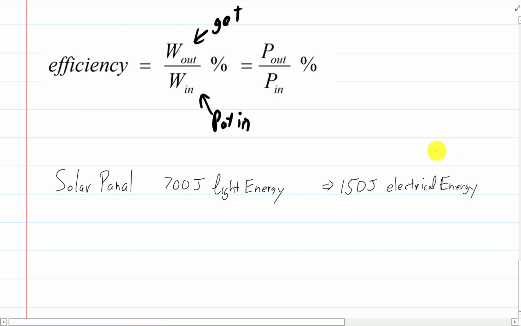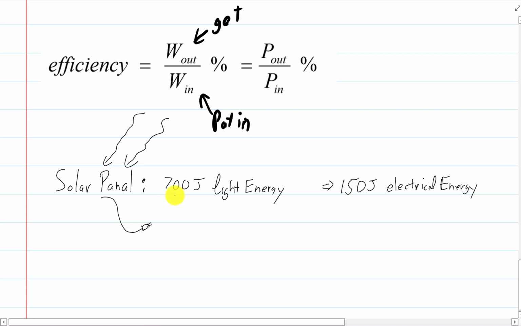So this is the purpose of a solar panel. It takes light coming in and hitting the solar panel, and then we take it in and are able to plug it in and have an outlet and get power from it. So it's converting light energy to electrical energy. But how efficient is this one?